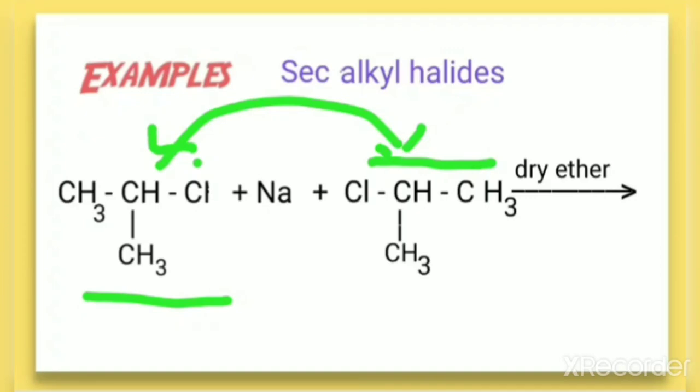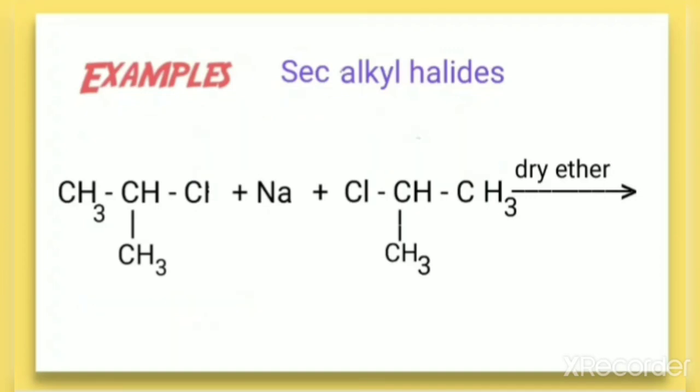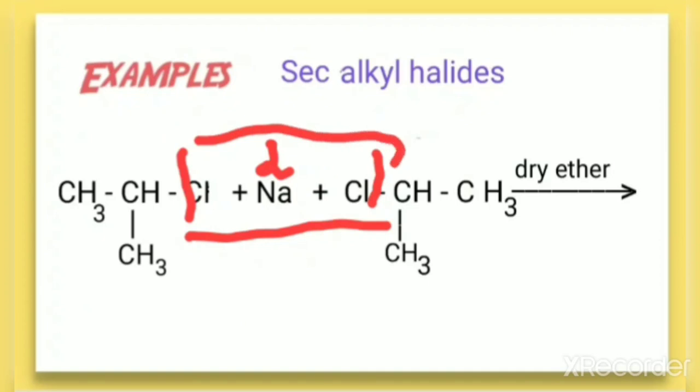So let us make the product for this one. Here there is a removal of 1 Na. This is 1 Na, so 2 Na is taken. 1 Cl from here, 1 Cl from here. So a total of 2 NaCl is removed as a side product.